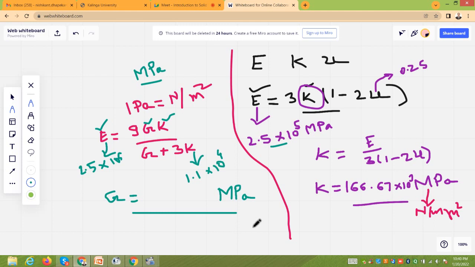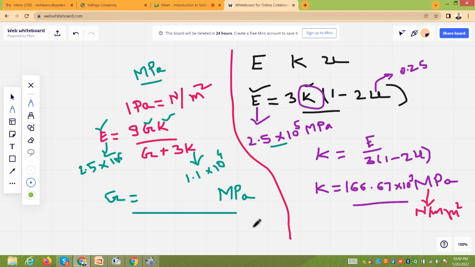You will get 2.5 into 10 to the power 5 equals 9 times G times K, where K value is 1.1 into 10 to the power 4, divided by G plus 33,000. This you will get.